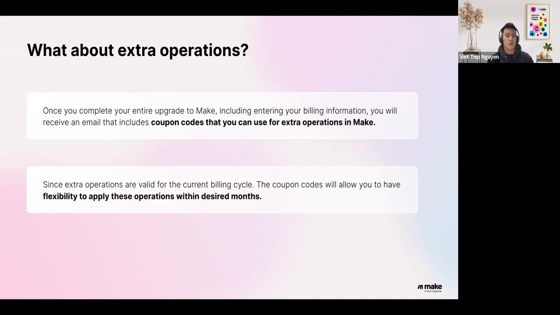This means that the coupons will allow you to have flexibility to utilize whenever you want in a desired month. So, for example, if I have a seasonal business and maybe work during winters, then that's the time when I would use those coupons.